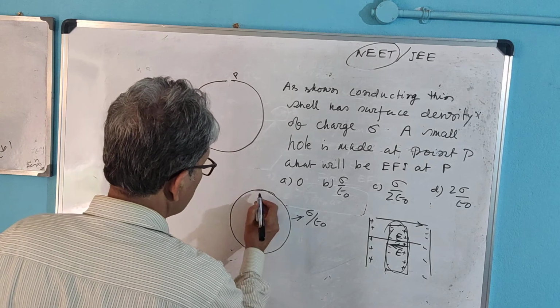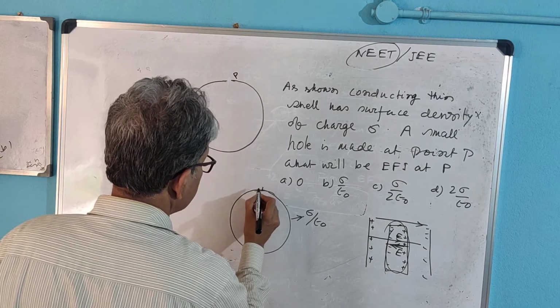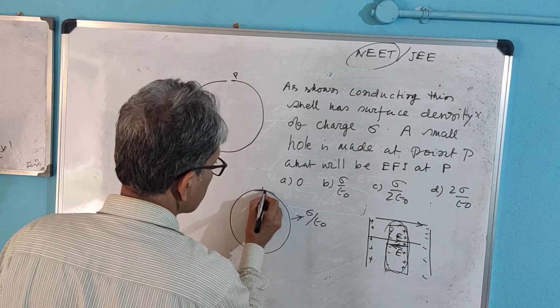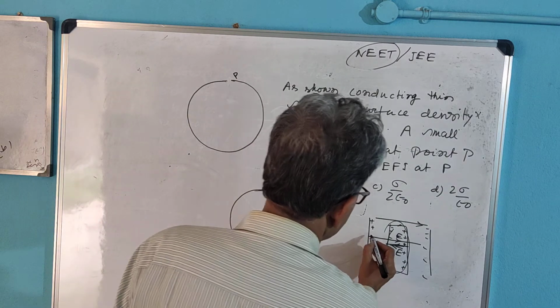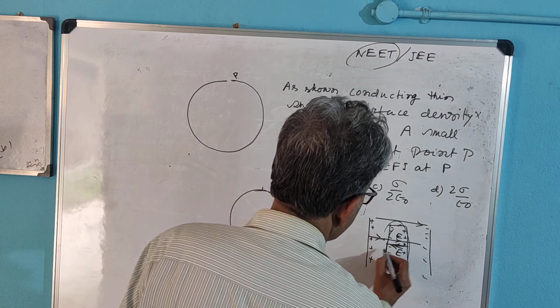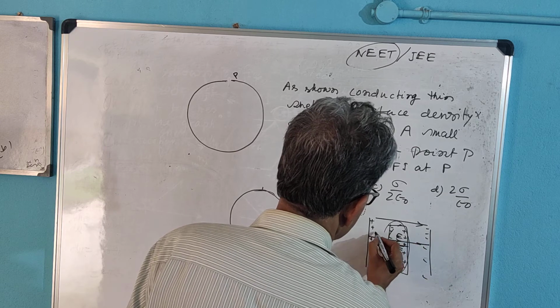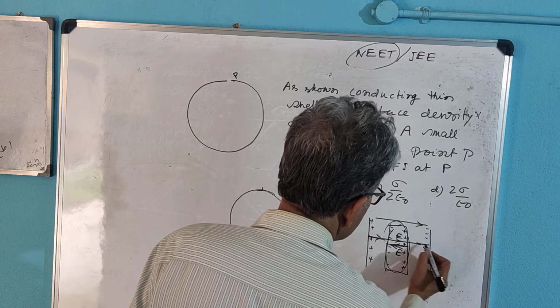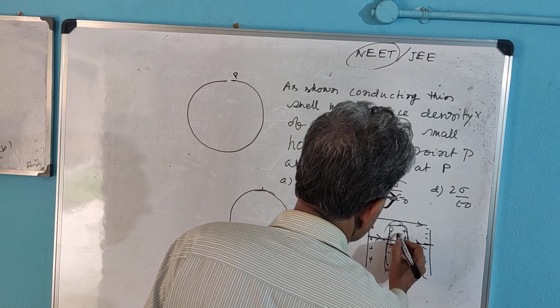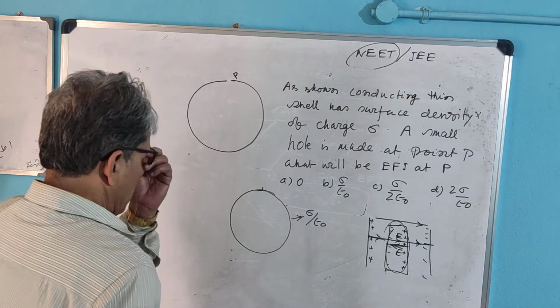Suppose at this point, for this sigma, this E is sigma by 2 epsilon 0, and for this sigma, sigma by 2 epsilon 0, that is sigma by epsilon 0 in the same direction.